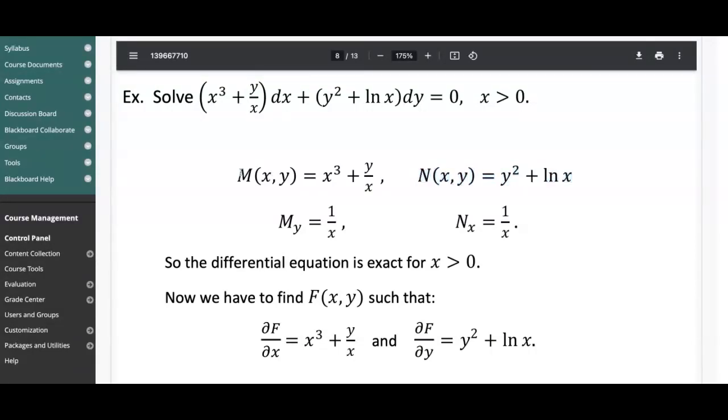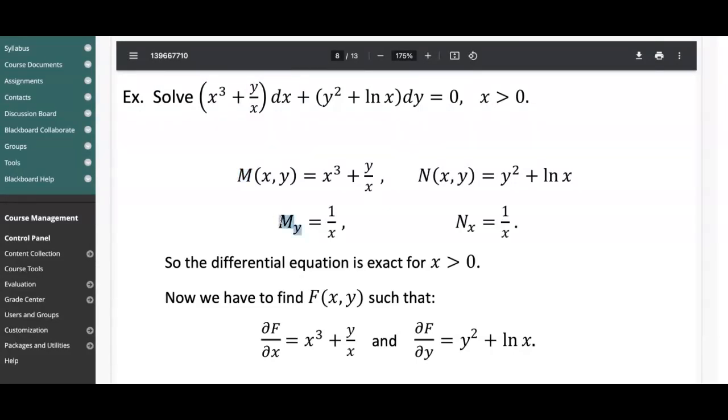Okay. Now let's take a derivative. Let's do partial M partial y, because partial F partial x is M, the partial derivative of the potential function in terms of x. So we want to get mixed partials.